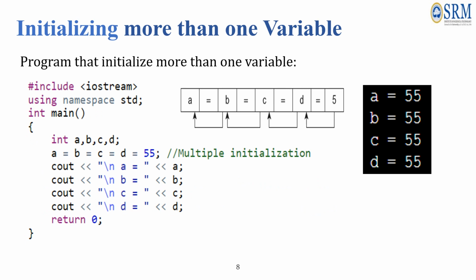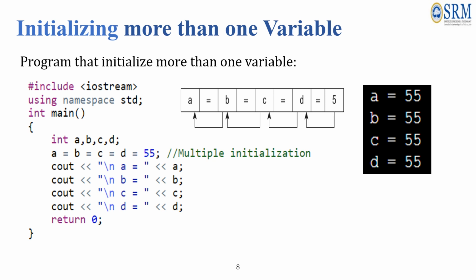How can I initialize more than one variable? Here is the method. In this program, int a, b, c, d are four variables of data type integer, and a equal to b equal to c equal to d equal to 55 is a proper method for initializing multiple variables if all the variables have the same value. How is it done?